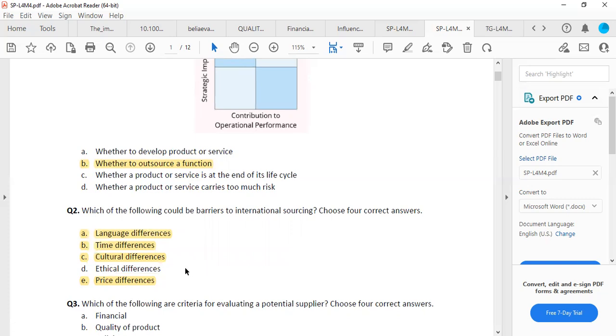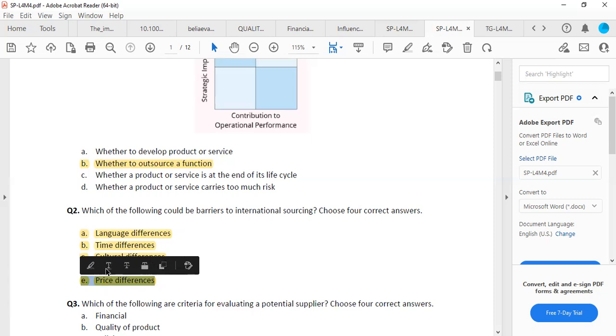But price differences, it's arguable though. Price difference being a barrier to international sourcing? No, I think it's currency difference, not price. Yes, because if anything, the price difference would rather be a driver.